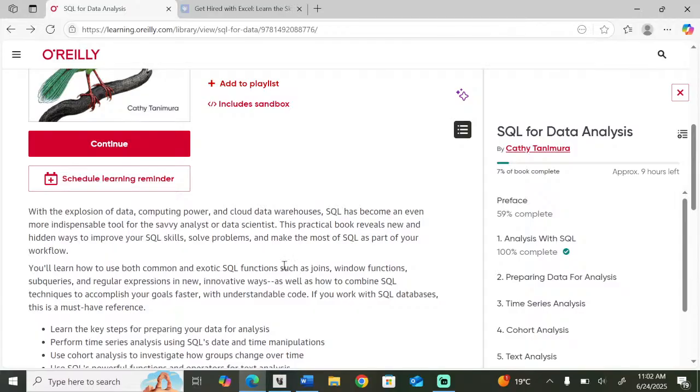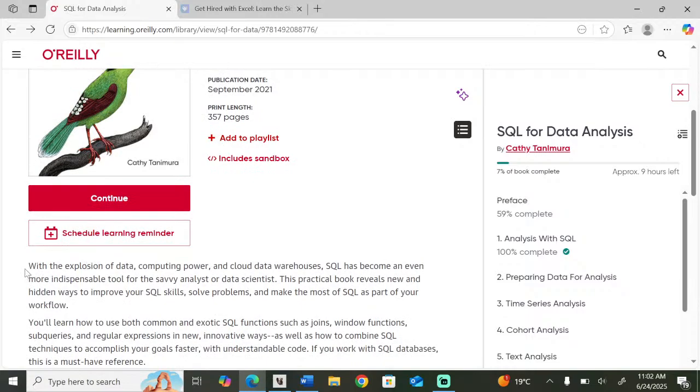This is what it says. With the explosion of data, computing power, and cloud data warehouses, SQL has become an even more indispensable tool for analysts or data scientists. This practical book reveals a new and hidden way to improve your SQL skills, solve problems, and make the most of SQL as part of your workflow.